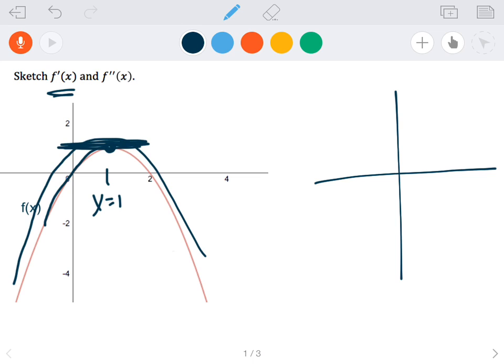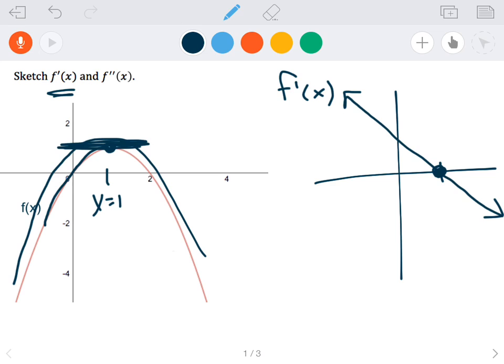So whatever my shape is over here, whenever x equals 1, I should have my first derivative equal to 0. And then based on that assumption that I made about the function, I can say, okay, it was a negatively sloping line that needs to cross through that point. I'm going to say that's a sketch of f prime of x.